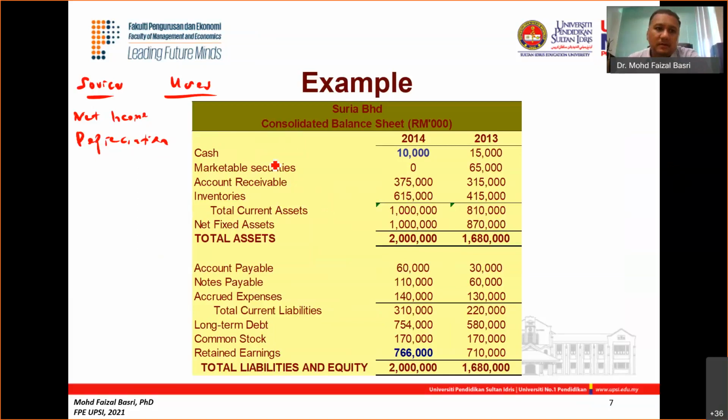Reduce in current assets. Reduce in current assets will be sources. When I say reduce in, meaning current year versus the previous year, there's a reduction of current assets, then we will label it as sources.